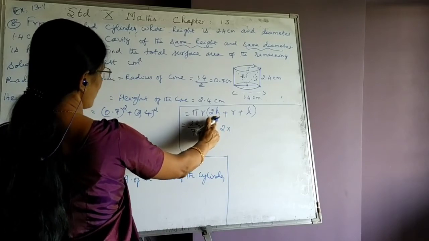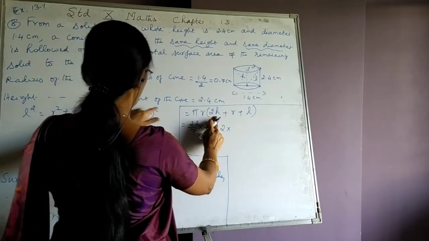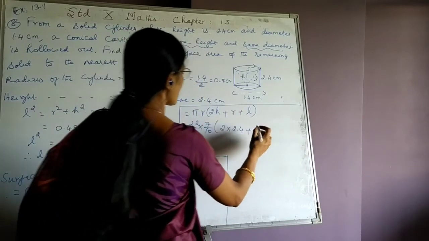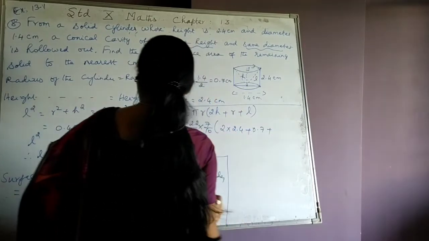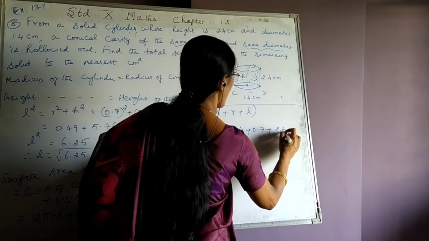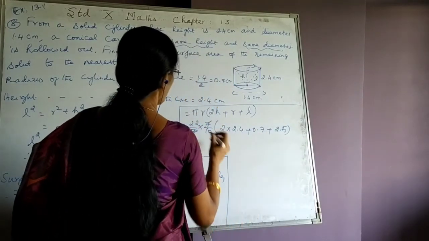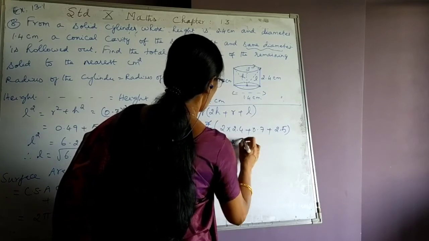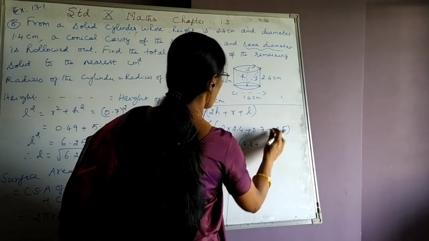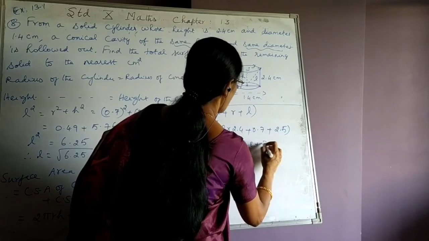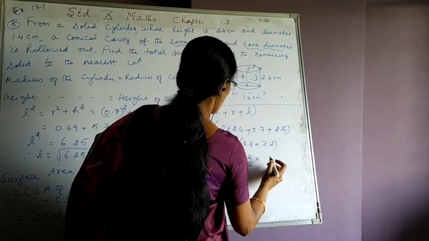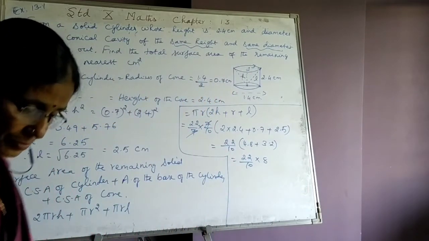Here h is height of the cylinder. Height of the cylinder is 2.4. Radius is again 0.7. L is 2.5. So we have here 22 upon 10, here 4.8. Adding these two here, we'll get 3.2, which is 22 upon 10 into 8.